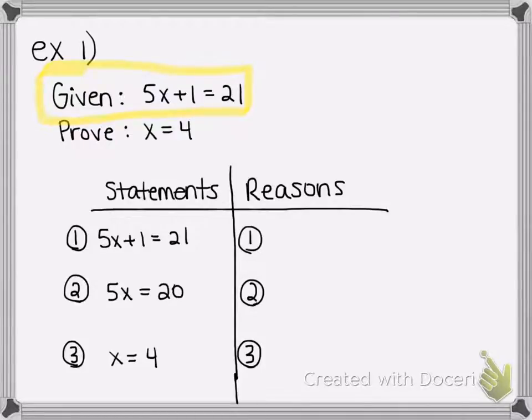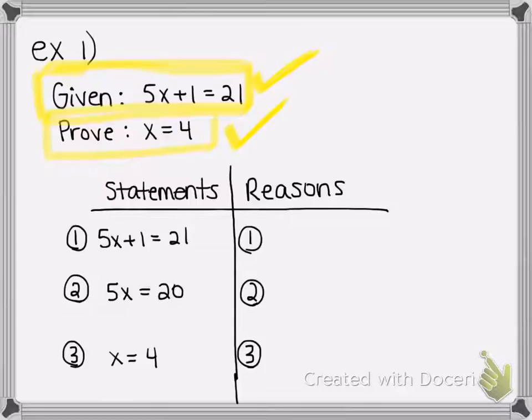The further we get into geometry, the more likely you're going to have a diagram with your proof. This just lets you know what you're starting with. And then you also have a proof. So you start with this, and you need to reason your way to figure out how you can say that your final conclusion is that x equals 4.